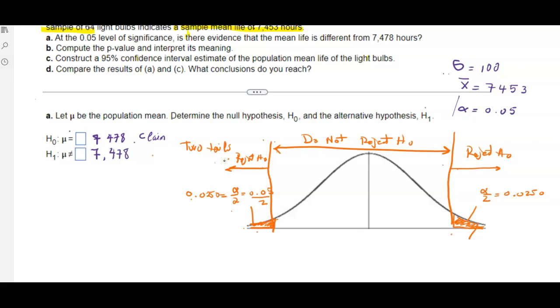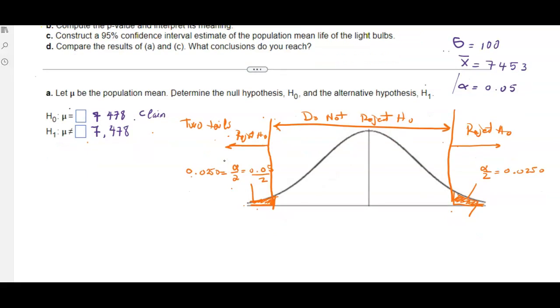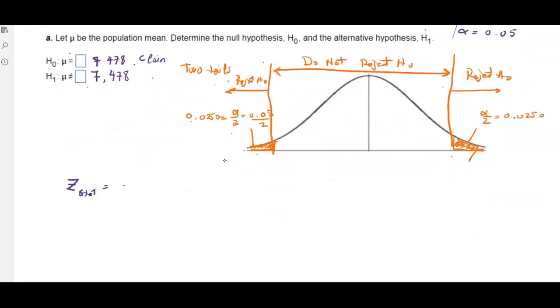All right, so how can I get the p-value? First of all, I need to calculate the z stat. The formula for the z statistic is X bar minus the mean, divided by sigma divided by radical n.